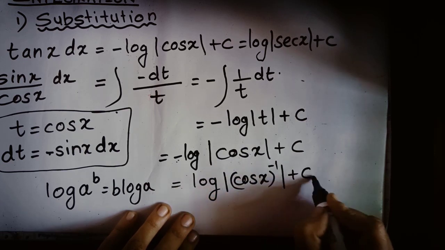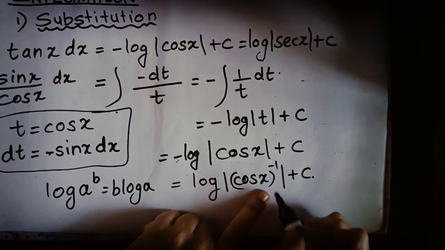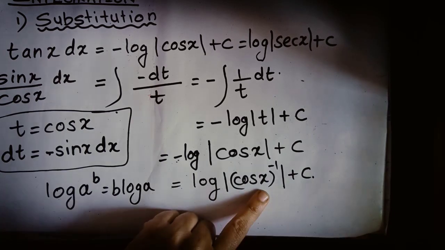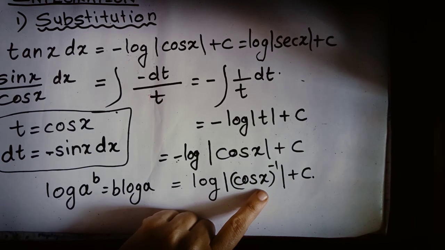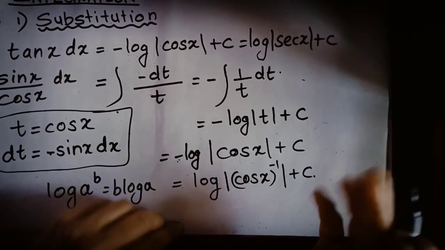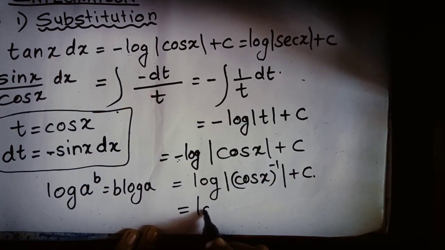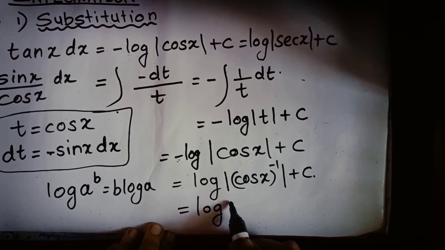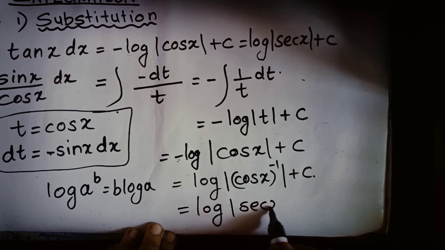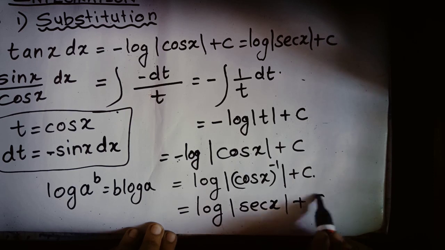And cos of x raised to minus 1 means what? 1 upon cos. What is 1 upon cos? 1 upon cos is sec of x. So you can write this as log sec of x plus c.